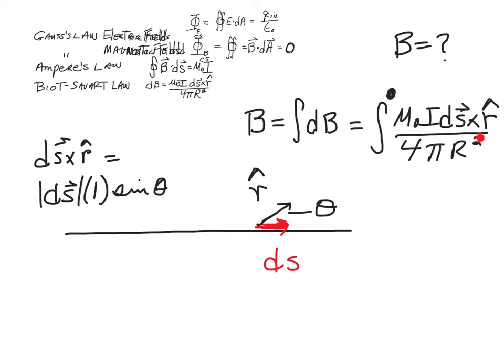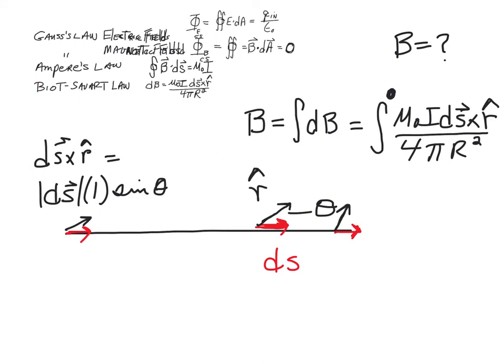And we evaluate this integral where ds cross r hat is ds times 1 times the sine of the angle between those two vectors. And so you should notice that we would start with the ds at this end and then do all the ds's all the way from there to the other end. And so notice that the unit vector r hat points toward the point, right?